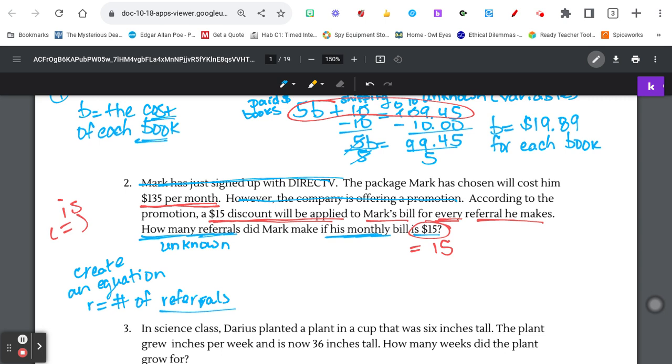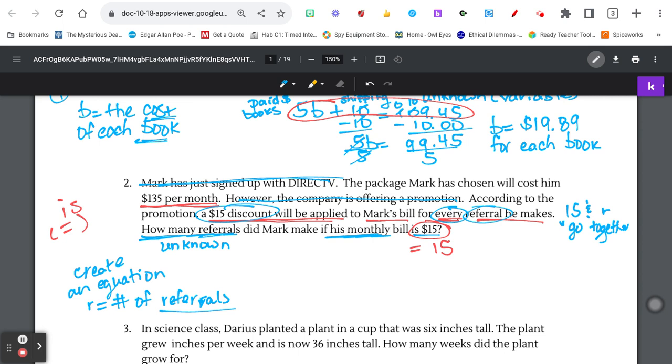According to the promotion, a $15 discount will be applied to Mark's bill for every referral. Okay, there's referral. For every referral, he gets $15 off, guys. So I can pretty much tell you that 15 and my variable R go together.